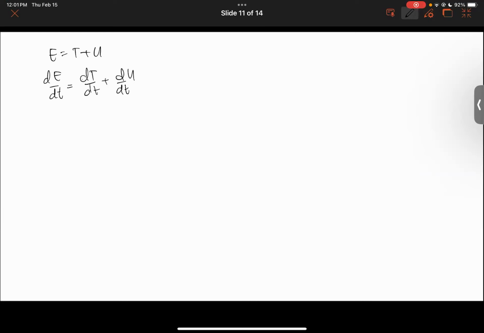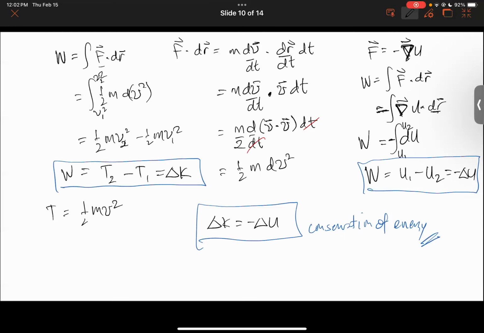So dT/dt is equal sa F dot dr/dt. Okay, saan natin nakuha yan? Kanina, ito, F dot dr is equal to 1/2 m d v squared.